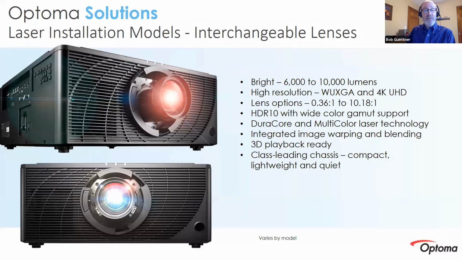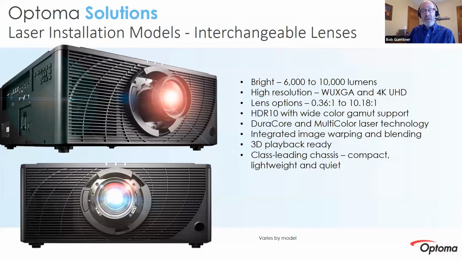Also, as Roland mentioned earlier, these projectors feature DuraCore technology, and some of the models feature multicolor laser technology. Models also feature built-in image warping and blending for multi-projector installations. These models can accept 3D signals, and they feature 3D sync in and out for use with a 3D emitter and active glasses.